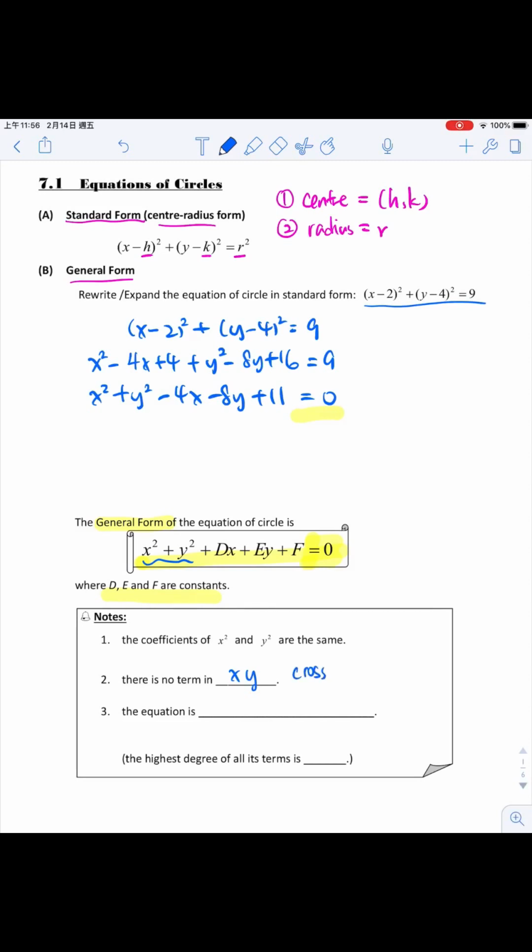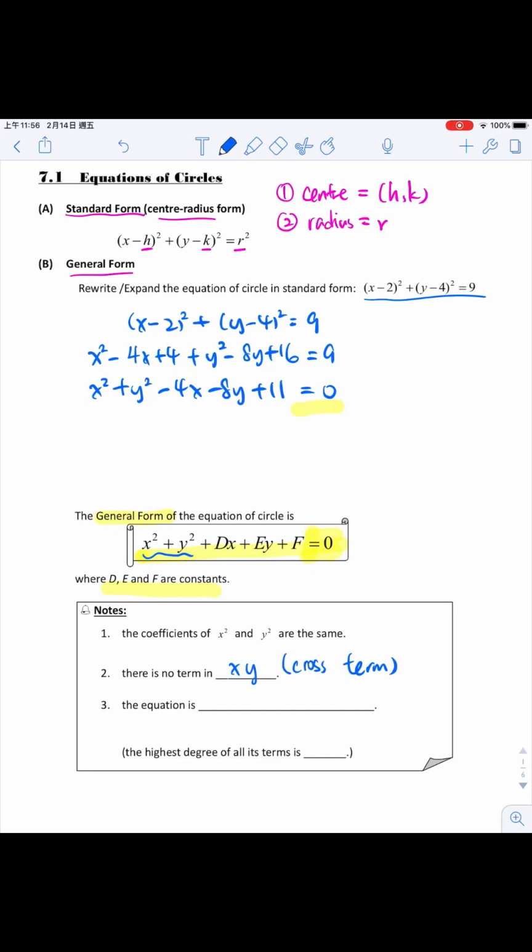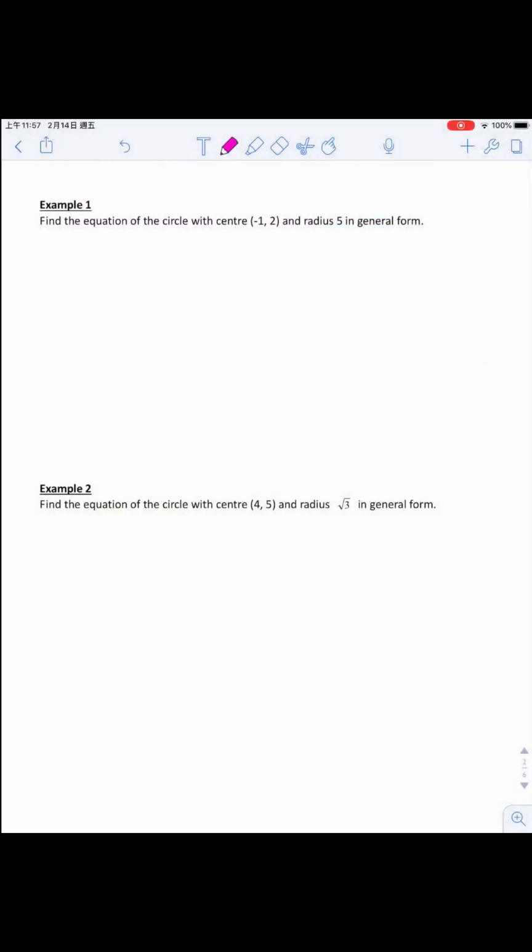We also call this cross term. There is no cross term in the equations of circle. Third, for these equations, the highest degree of the term is 2. So we call this equation quadratic, and the highest degree of all its terms is 2.